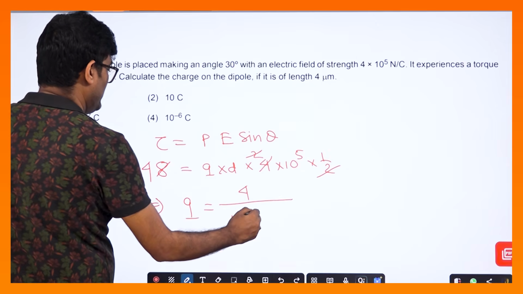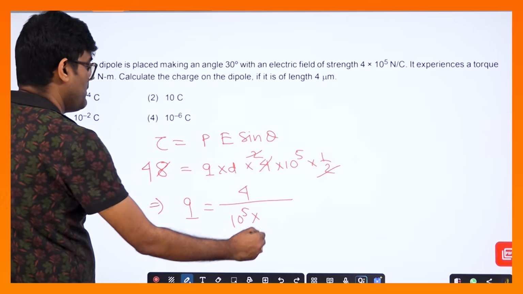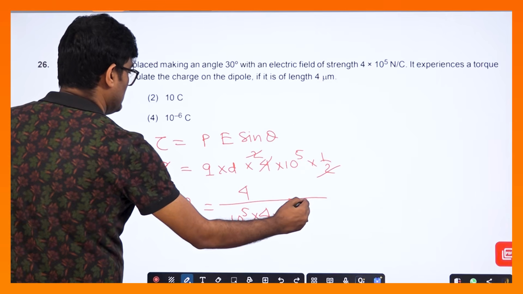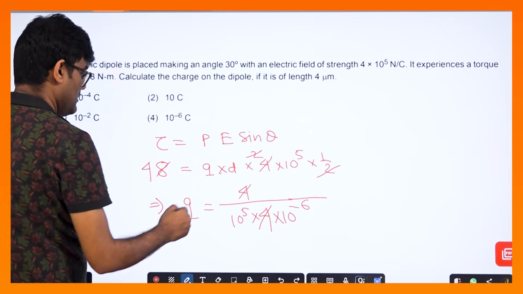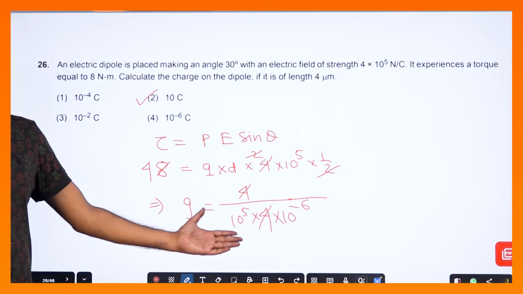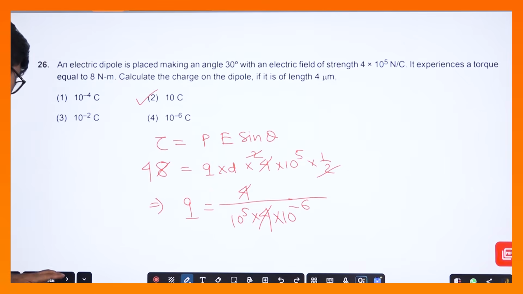What is the value of D? The value of D is 4 micrometer, 4 into 10 power minus 6. So the value of charge is 10 coulomb, right? This is a simple calculation. You have to remember this very useful formula: torque equals P cross E.